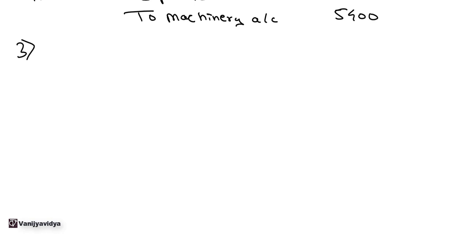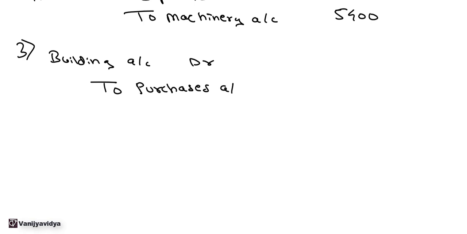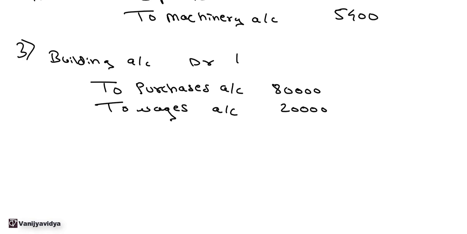So the entry will be building account debit to your purchases account, amount is 80,000, to wages account 20,000, and the total is 1 lakh, which is debited to your building account.